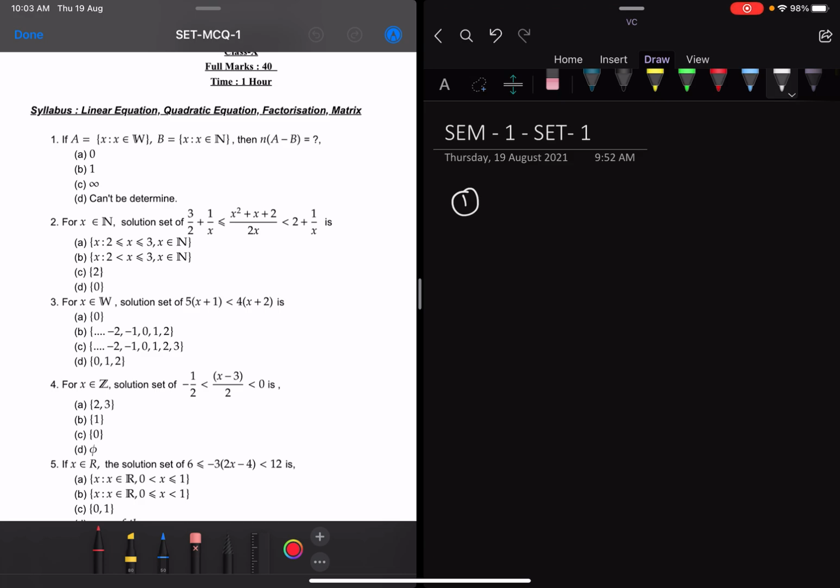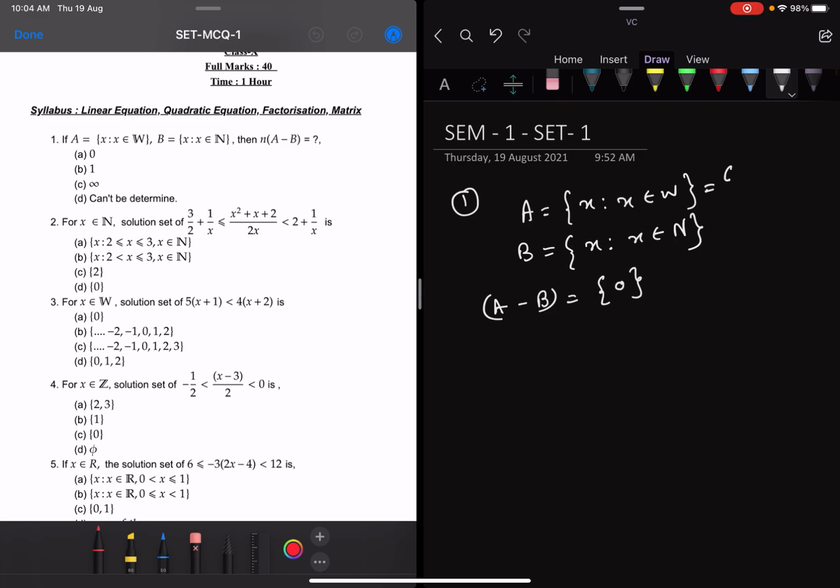It is said that A is x such that x belongs to whole number and B equals x such that x belongs to natural number. That means A difference B is only the set with only one element 0, right?